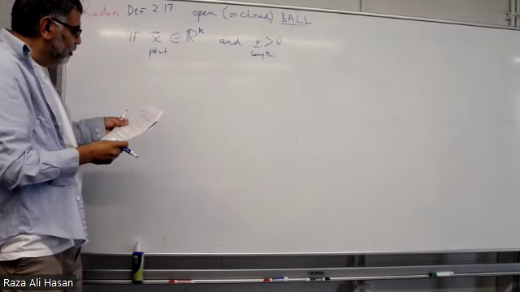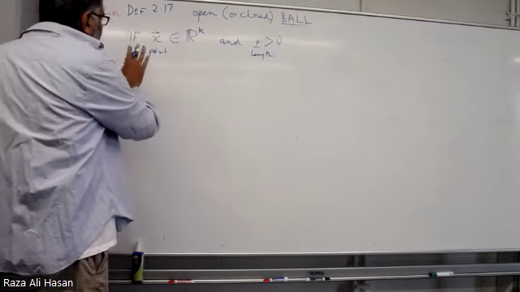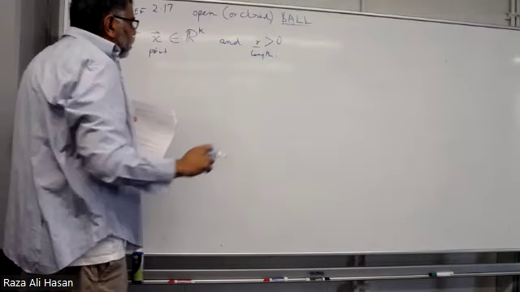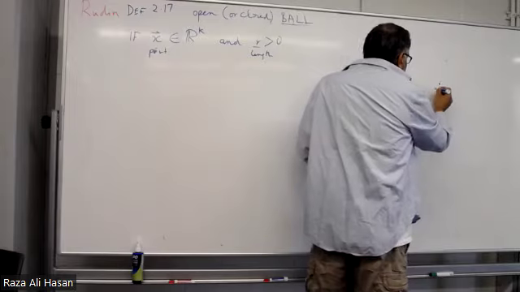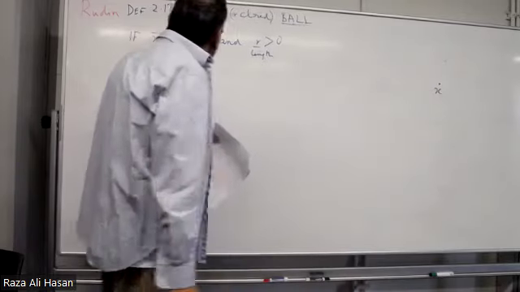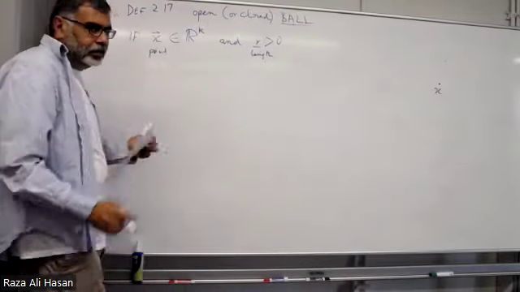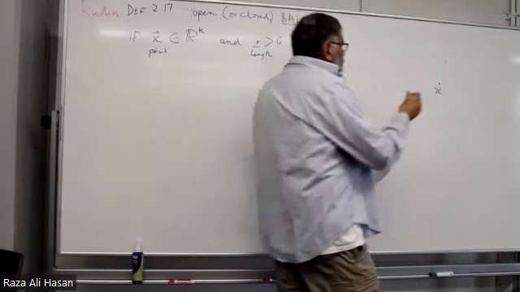Okay, so we have a point in Rk. Let's make the point right here. And then if we have a length r, let's throw that in.